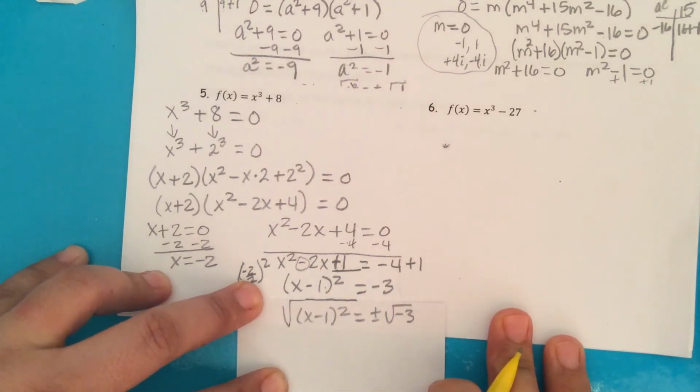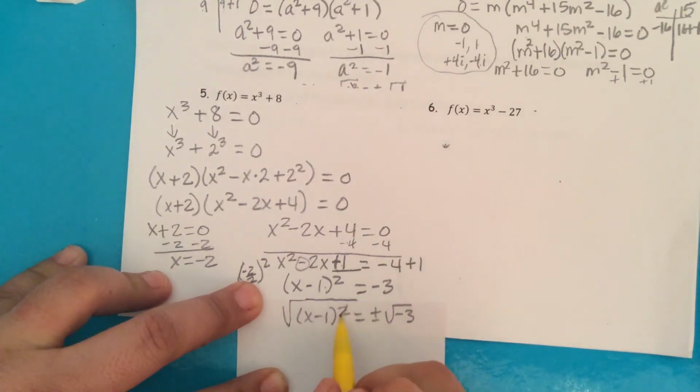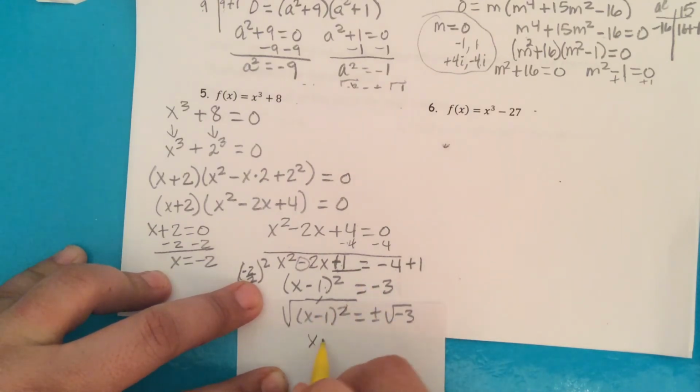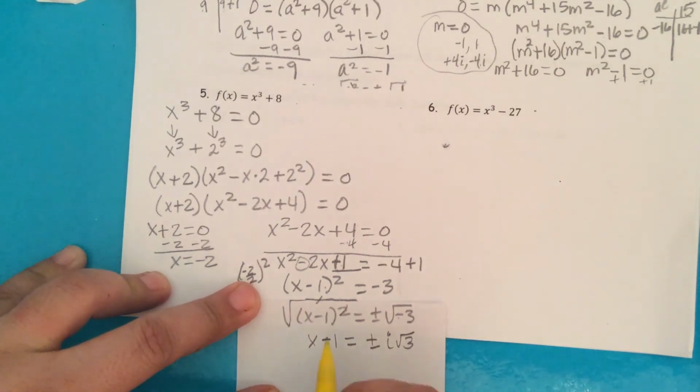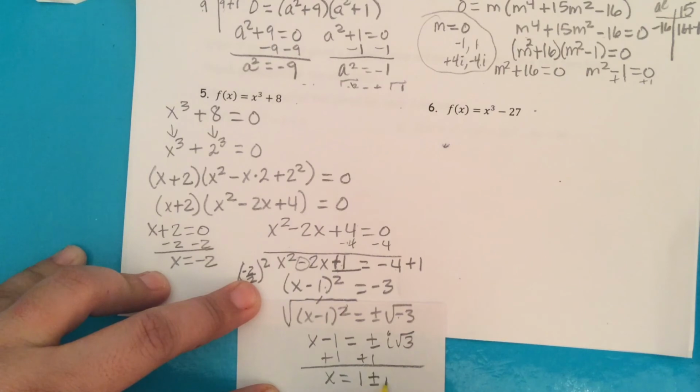Remember, that's why we want to complete the square. So then x minus 1 is equal to plus or minus i square root of 3. The negative inside makes it imaginary. Then we add a 1. So that's going to be x equals 1 plus or minus i square root of 3.